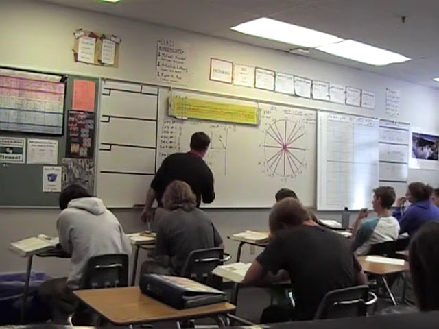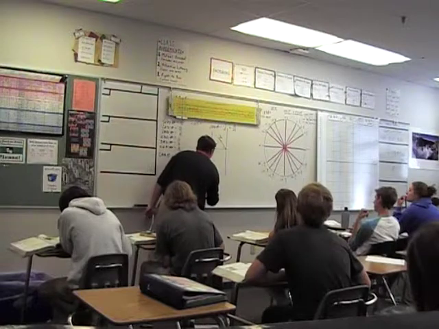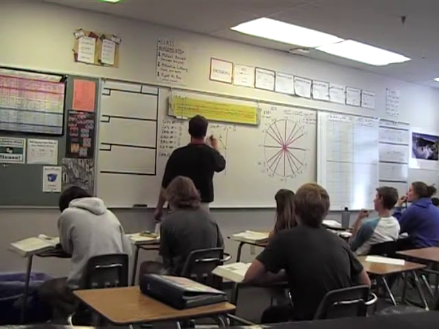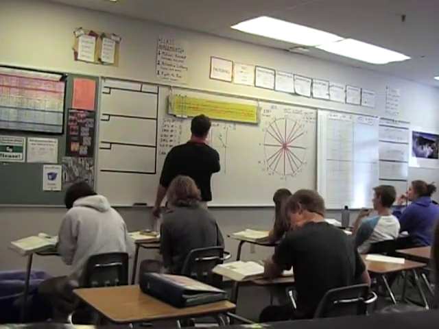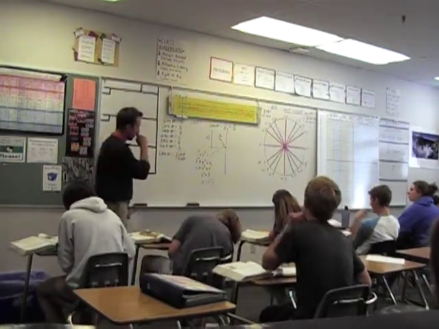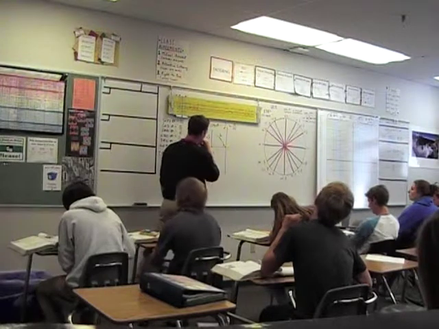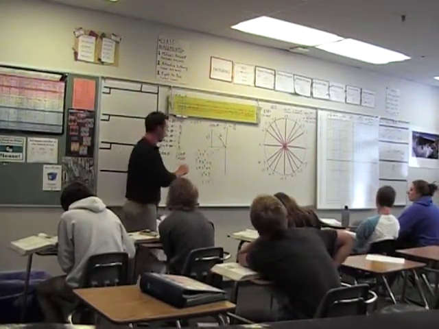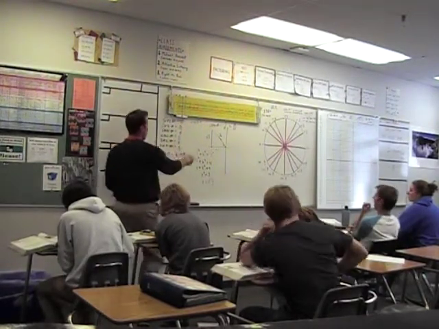Subtract 1, equals 3. Square root it. Could we just leave it like that? Root 3, let's keep it as root 3, more exact. And -1 squared is just 1. So that's how I figure out this length.